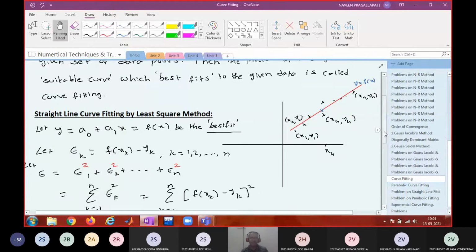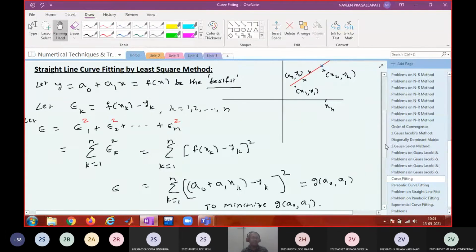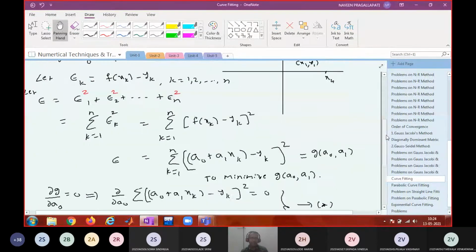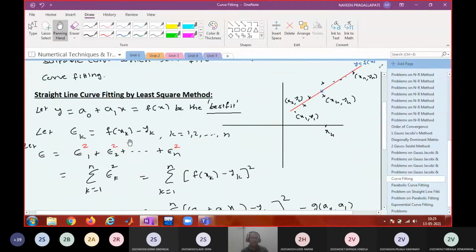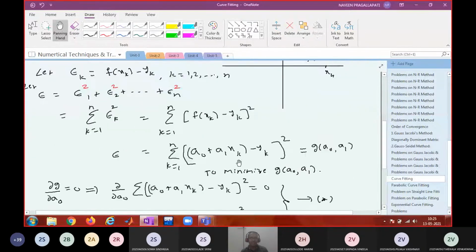By using the method of least squares, we define an error function by finding the sum of the squares of deviation from each data point to the actual point. If you are fitting a straight line y equal to a0 plus a1x, then that error function will be in terms of two unknowns, a0 and a1.